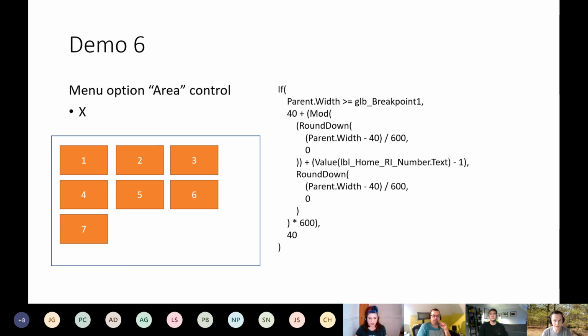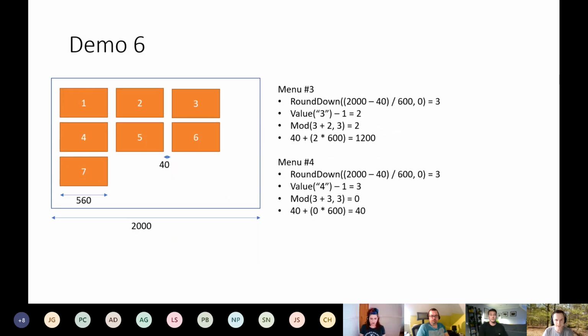And here you can see the X property of the area control. And that could be a formula which scares people. I just said it yesterday. I hope I will not scare people, but let me try to make it a little bit easier for you. Because you have to do some calculations with round down, value, mod, because it has to dynamically change.